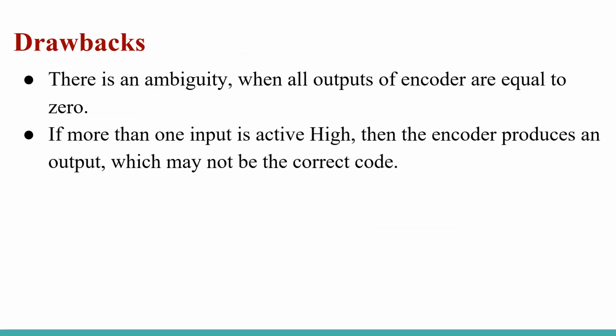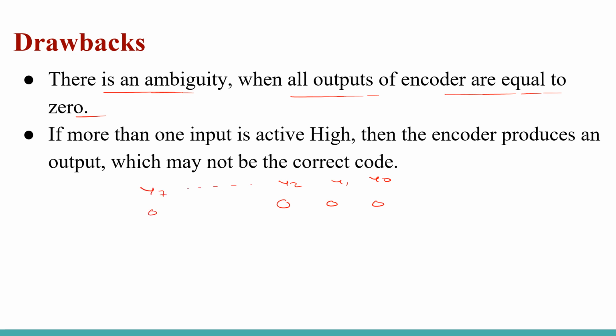Some crucial drawbacks of encoders: there is an ambiguity when all outputs of the encoder are equal to 0. We already observed that if it is a 3-bit encoder, the inputs are Y0, Y1, Y2, and so on, totally 7.